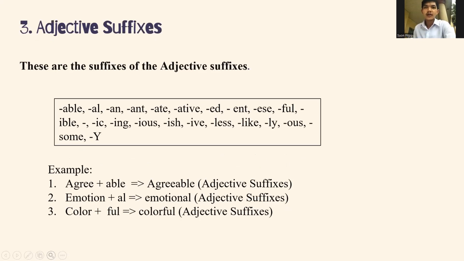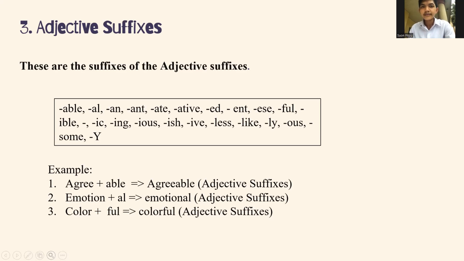Here we talk about adjective suffixes. In the adjective suffixes, there are a lot of suffixes that are used with adjectives, like able, al, and, ant, and ate. And there are a lot more that you can see in the box as well.